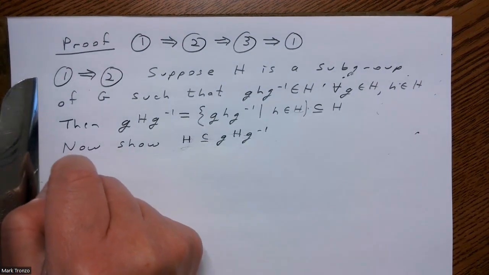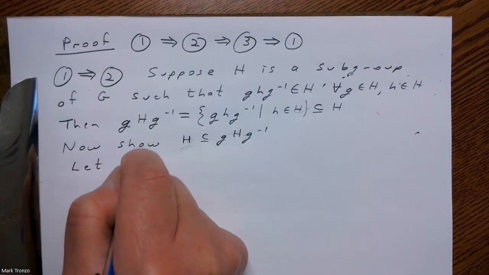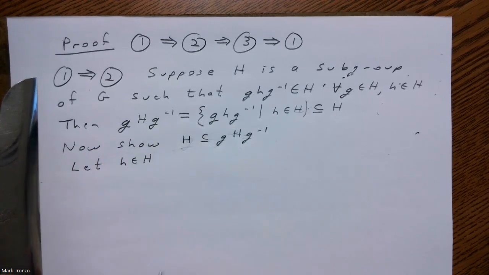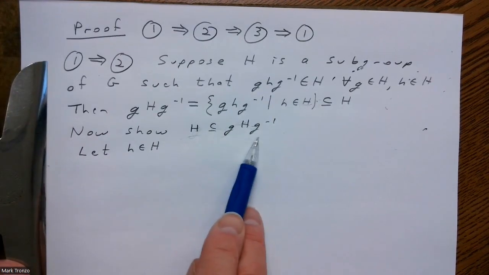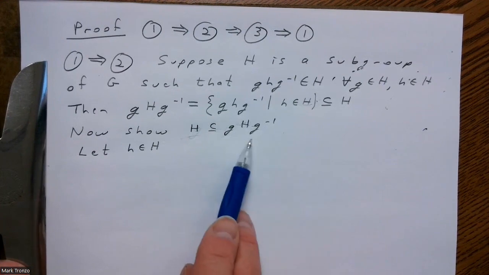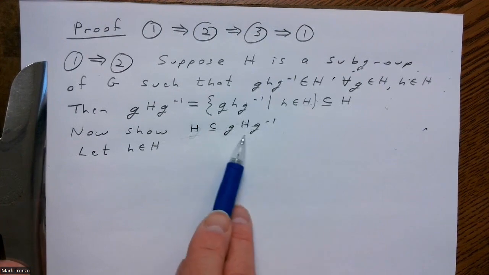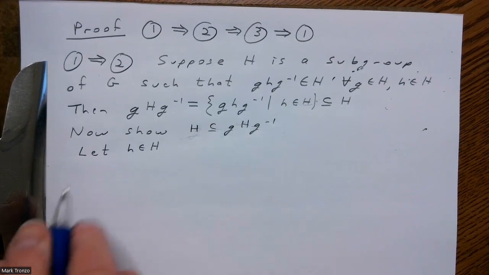So let h be an element of H. In other words, I'm picking something on the left-hand side, and I ultimately want to show it's in the right-hand side. Then that'll prove that it's a subset.